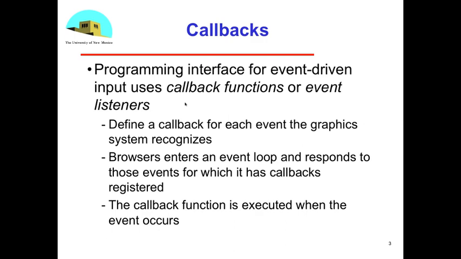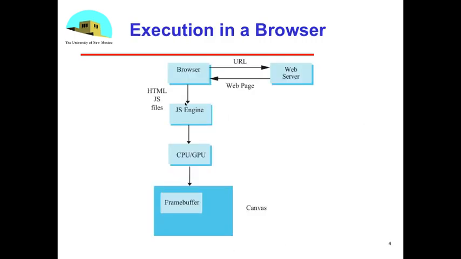So let's look at a very high-level picture of what happens when you're executing your browser. You start off by calling some sort of URL or clicking on a URL. And where is that URL? Well, here's the client-server model. Your program is a client, or you look at your browser as being a client, and there's a web server out there where the page is.